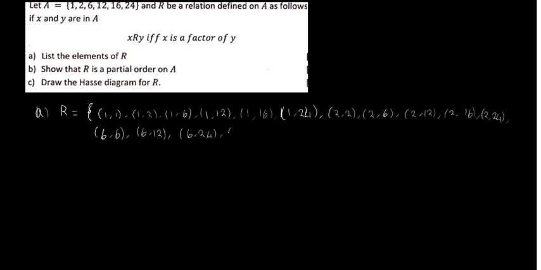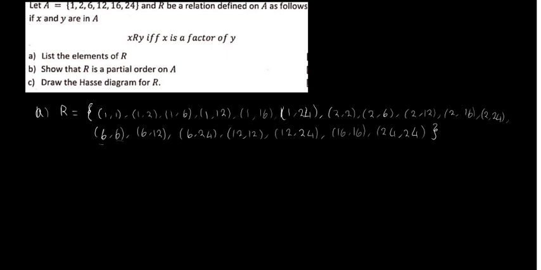Then we have 12 comma 12, then 12 comma 24, then 16 comma 16, and finally 24 comma 24. This is our relation. We know this here is our x, this is our y, and if you look at all these, x is a factor of y.